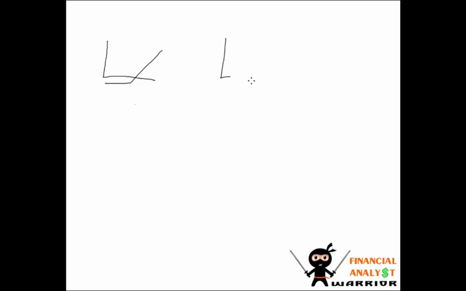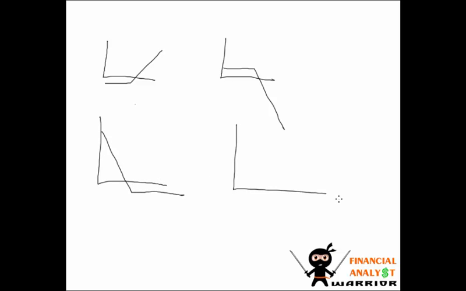The reverse of that is shorting a call, which is this, and then you have going long a put and shorting a put, which is like this and like this. This is really quickly drawn, but you should know these graphs by heart to remember the different positions.